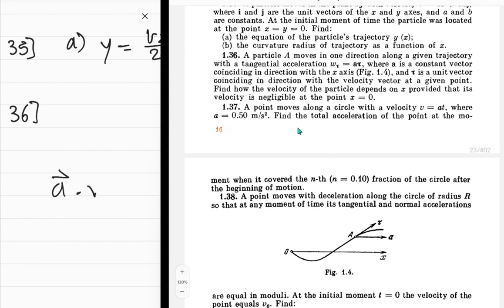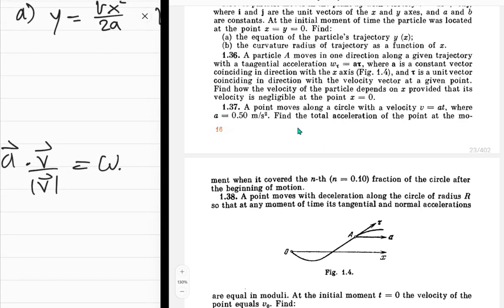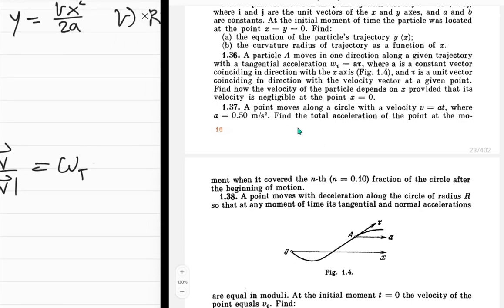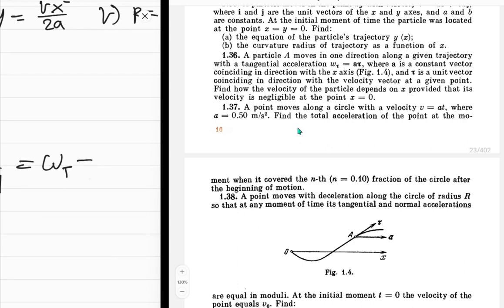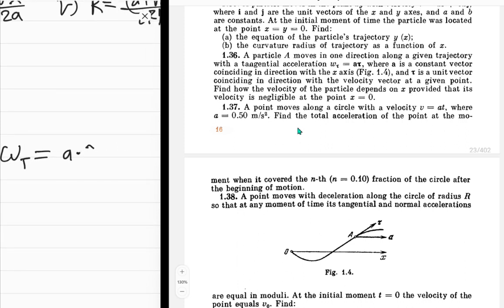Yes, so V vector and then the magnitude of this thing. That would be your tangential acceleration. So that should be equal to omega t. And they just told us that is this thing, A tau, so A dot tau. So A is a constant vector coinciding with the direction of the x-axis.